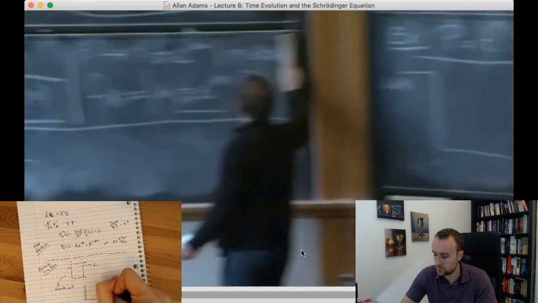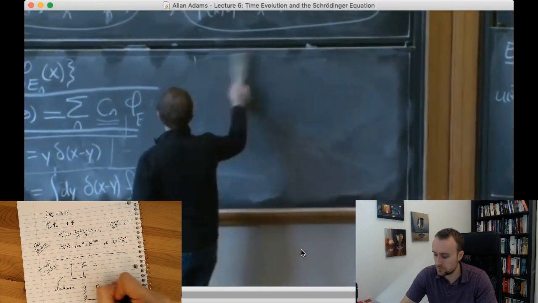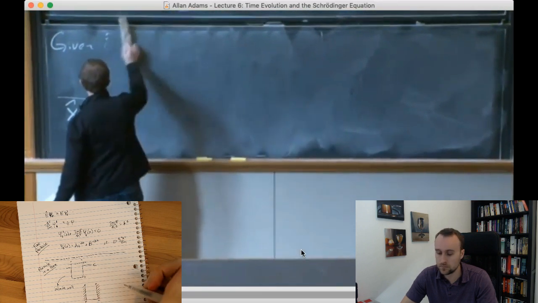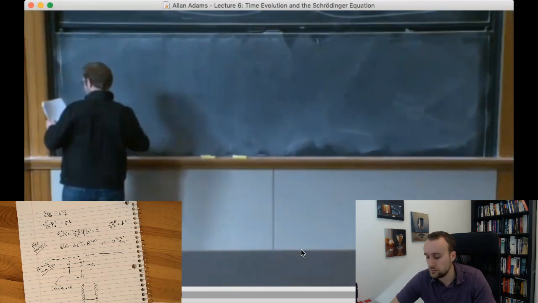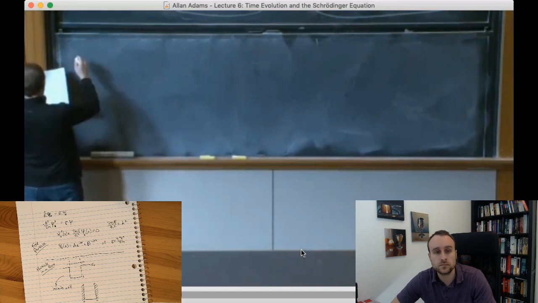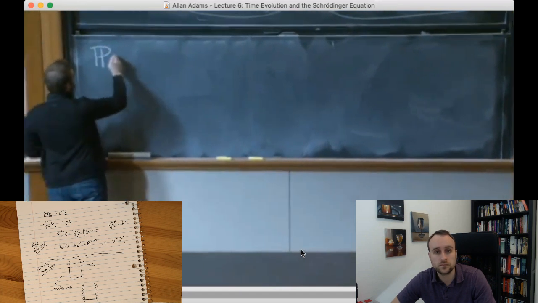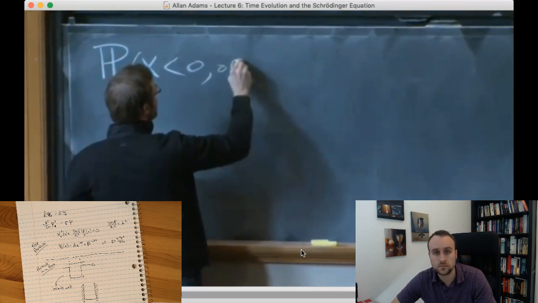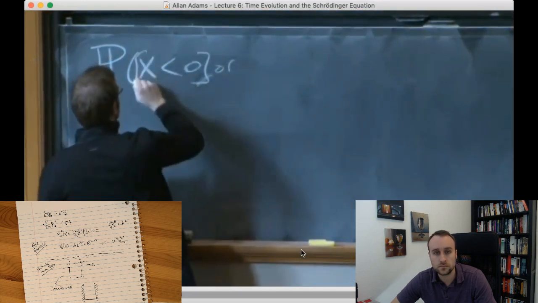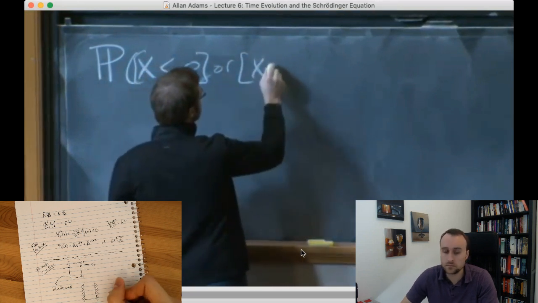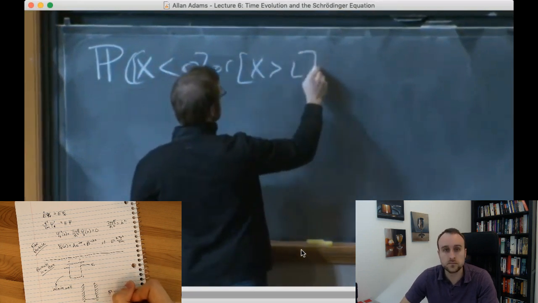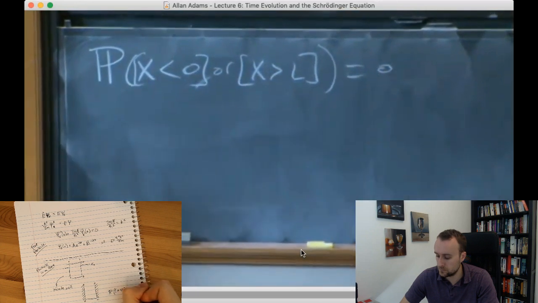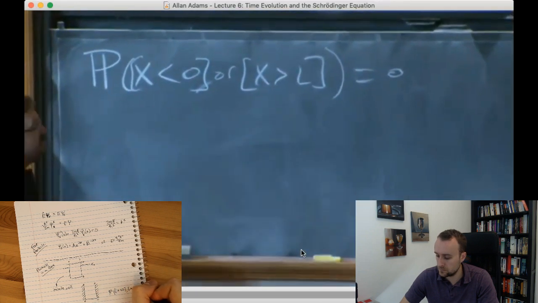So that's my system, a particle in a box. Let's find the energy eigenfunctions. Again, it's the same differential equation as before. First off, before we even solve anything, what's the probability that I find x less than 0 or find the particle at x greater than L? Because the potential is infinitely large out there, it's just not going to happen. If you found it there, that would correspond to a particle with infinite energy.